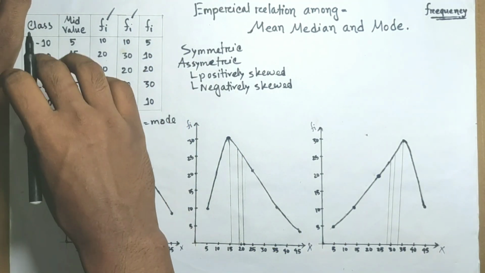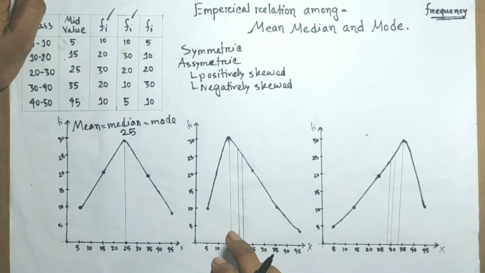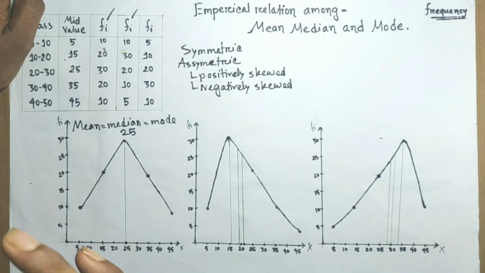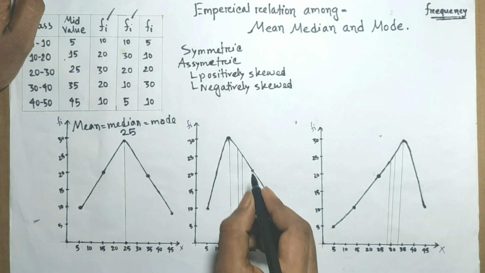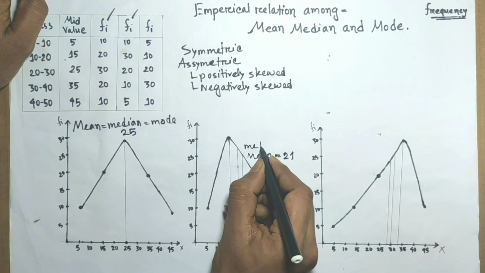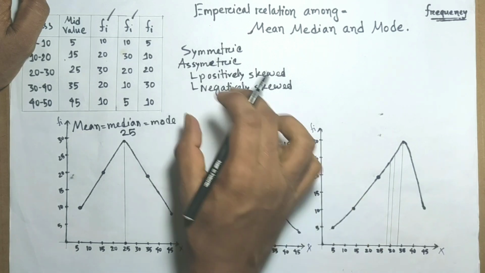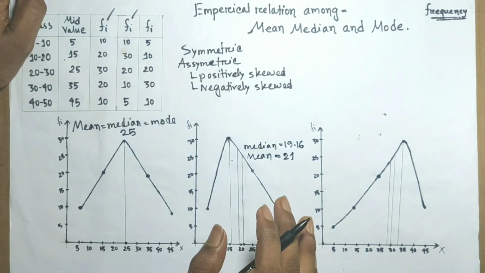So let's consider the second frequency column of this frequency distribution. If we draw the points and join them, you will have a curve like this, which is a skewed curve. To be more exact, this skewed curve is a positively skewed curve. So how can you decide whether it's positively skewed or negatively skewed? We have to compare the mean, median and mode. If you measure the central tendencies, you'd have the mean, which is 21, the median, which is 19.16, and the mode, which is 16.66.